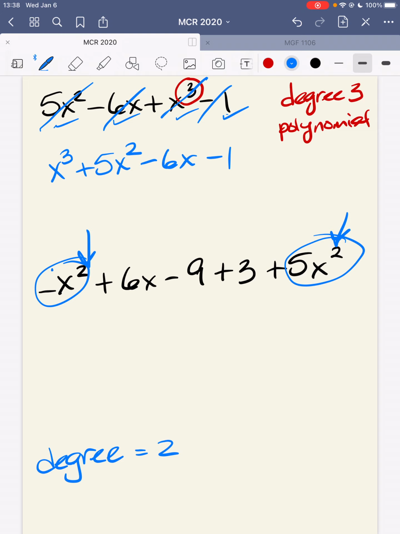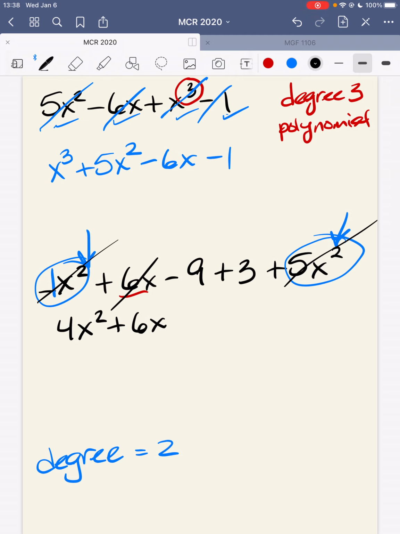So this is like saying I have a negative 1x squared. So a negative 1 plus 5 is going to give me a 4x squared. And because that's my largest, I'm going to put it in front. I'm going to cross both those items out. My next exponent is the 6x. There's only one of them, so I'm just going to put it in there. So plus 6x. I'm going to cross that out.